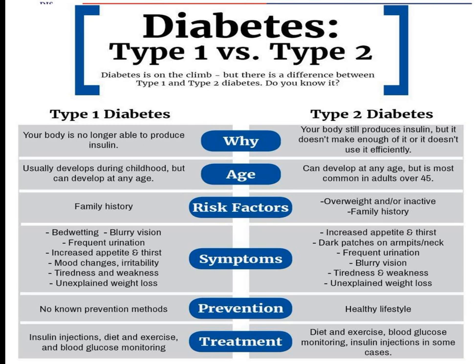It will keep on releasing insulin till it's no longer able to produce this insulin. So when type 2 diabetes turns into type 1 diabetes, those patients will need to take external insulin injections. But mainly type 2 patients don't need to take external insulin injections, while type 1 patients need to take external insulin injections.